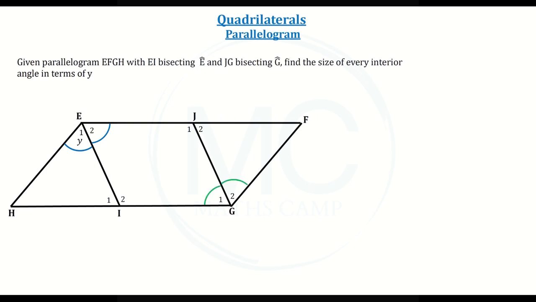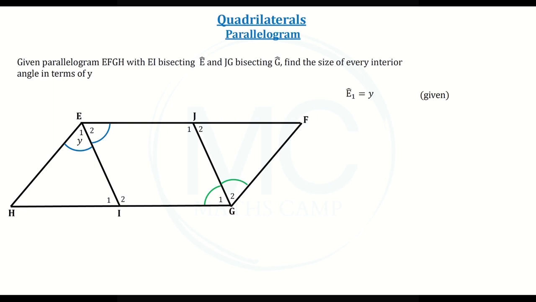Now we can find the values of the interior angles. The question tells us that angle E1 is equal to Y. This information has been given to us, so we use given as our reason.